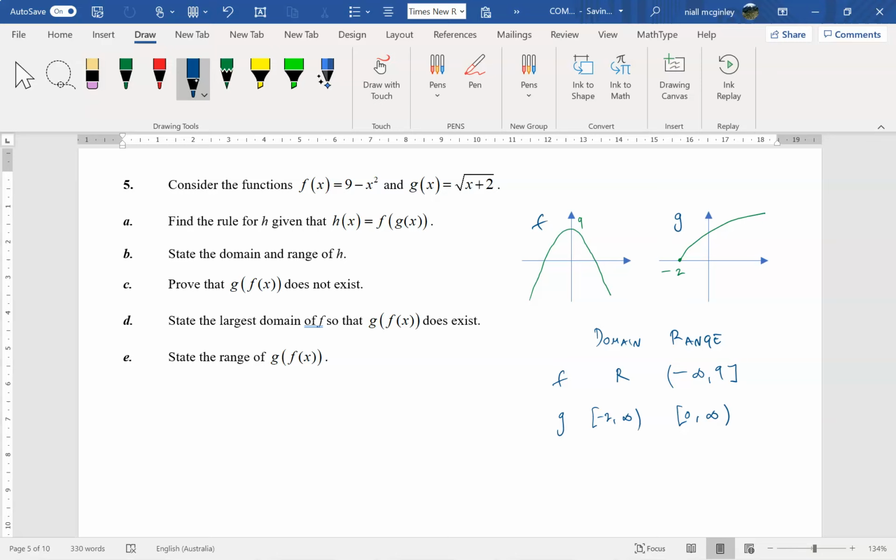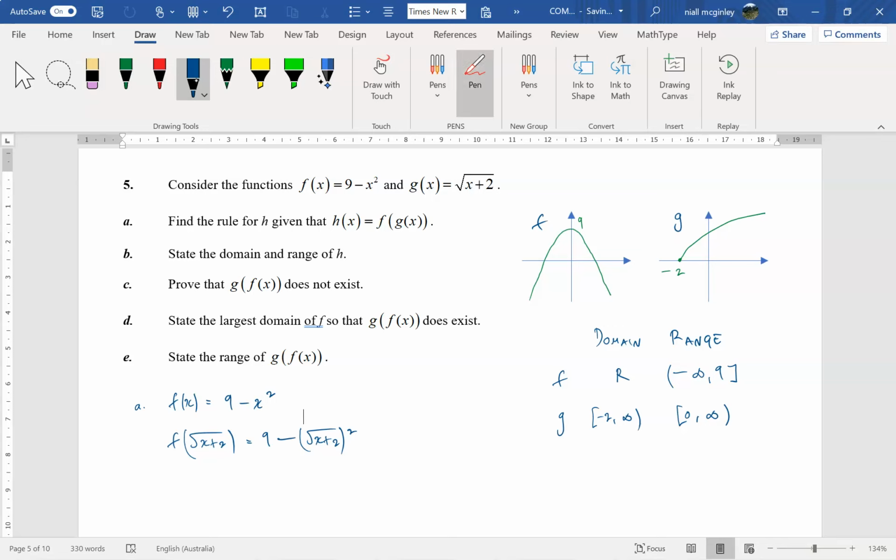So find the rule for h, given that h of x is f of g of x. We can find the rule first of all. So f of x is 9 minus x squared. So I want to do f of g of x, which is the square root of x plus 2. Basically wherever I see x, I'm going to replace it with square root of x plus 2, and that's going to be squared. When you're squaring a square root, it's going to cancel that square root.